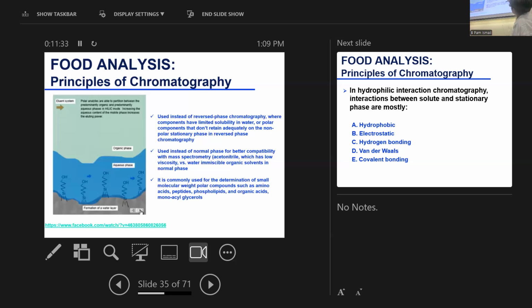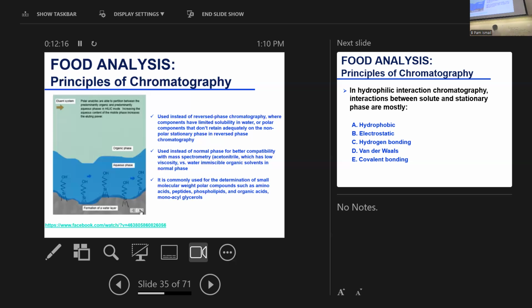So if you have polar compounds soluble in water, but they don't interact with your stationary phase, we have to try something else. And instead of normal phase, because sometimes we need to have a detector like MS, and solvents immiscible with water don't go well with mass spec. So that's when HILIC plays a role.